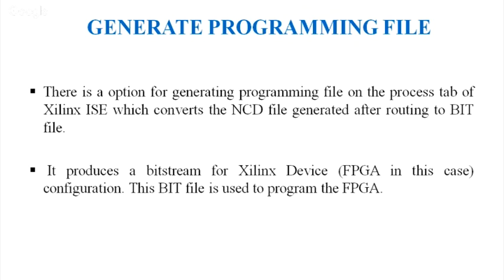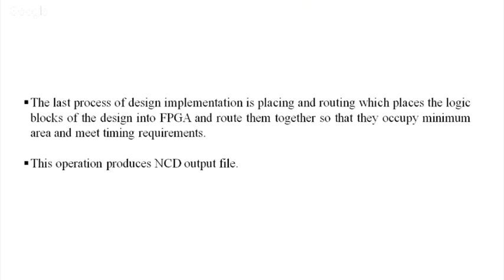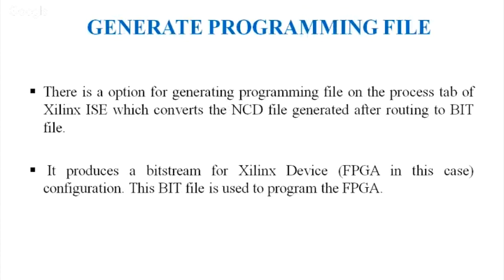So these are the steps to create the XSVF file. There is an option for generating the program file on the process tab of Xilinx ISE, which converts the NCD output file into a bit file. Now it produces a bitstream for the Xilinx device. This bit file is used to program the FPGA, but we need an XSVF file.